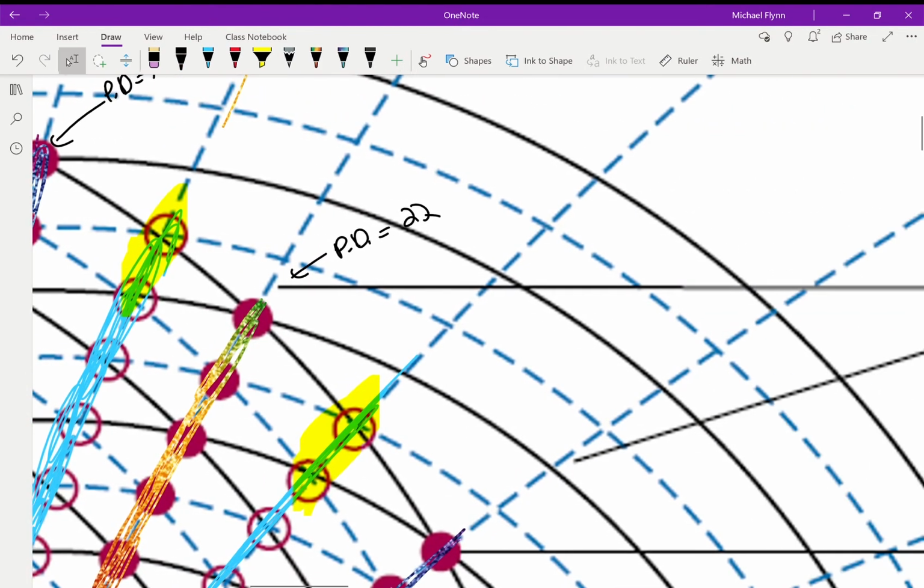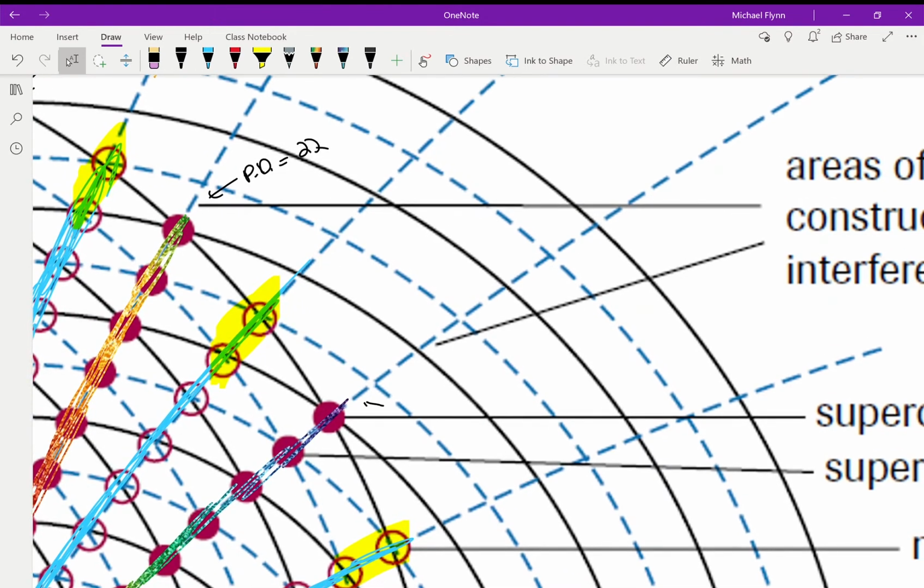And anywhere along this line, the path difference would equal 3 full wavelengths. So whenever the path difference is a whole multiple of a wavelength, you're going to get crests crossing over crests and troughs over troughs, constructive interference, right? That's what you're going to get.